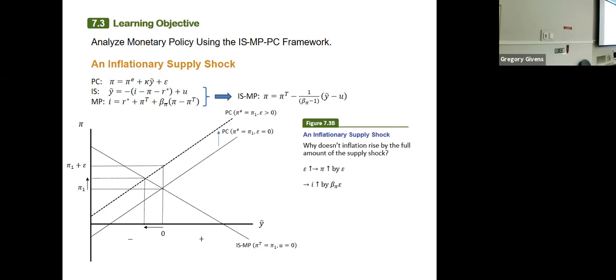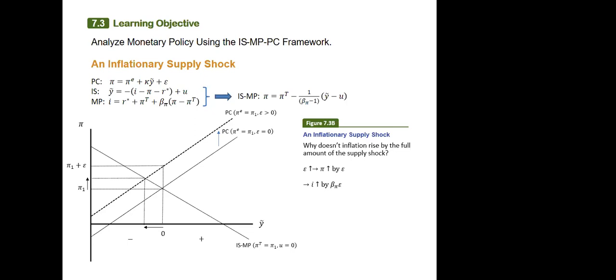It's the real interest rate that in turn feeds back into the IS equation, right? The real interest rate, of course, is the nominal rate minus the rate of inflation. So if the nominal rate goes up by beta pi times epsilon, how much does the real interest rate change by?